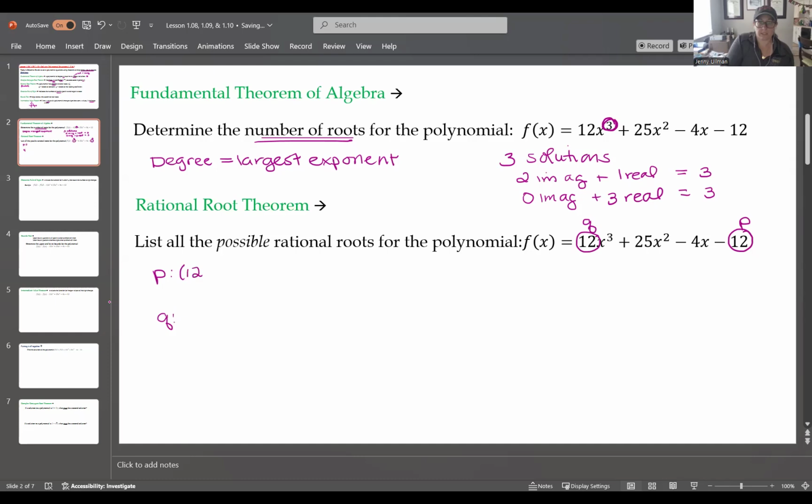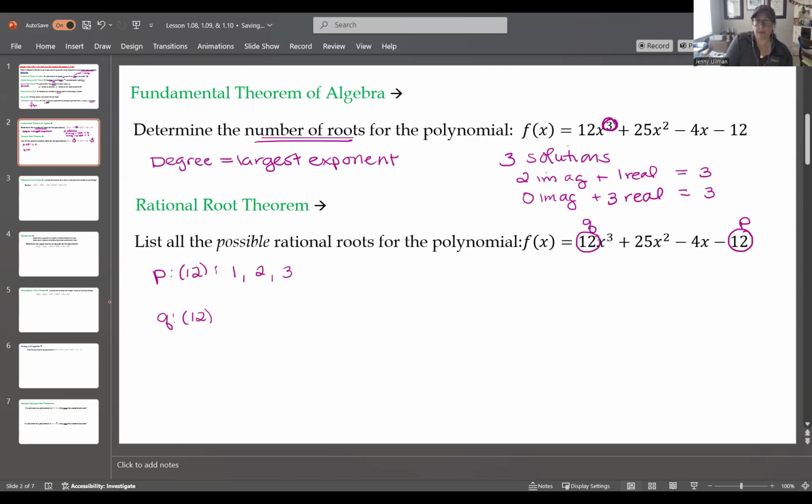So in this case, both of them just happen to be 12. So that will make it a little bit easier. A factor is anything I can divide the number by. So I can divide 12 by 1. I can divide it by 2.